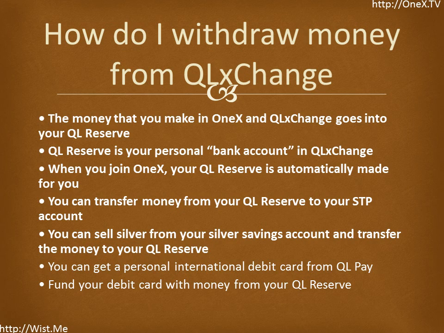Now let's say you want to buy a house and you have silver in your silver savings account, and what you do is you tell QLxChange, sell 10 silver bullions and put the money on my debit card, and you go to the seller of the house and you pay with your debit card and you move into your house. Very simple.